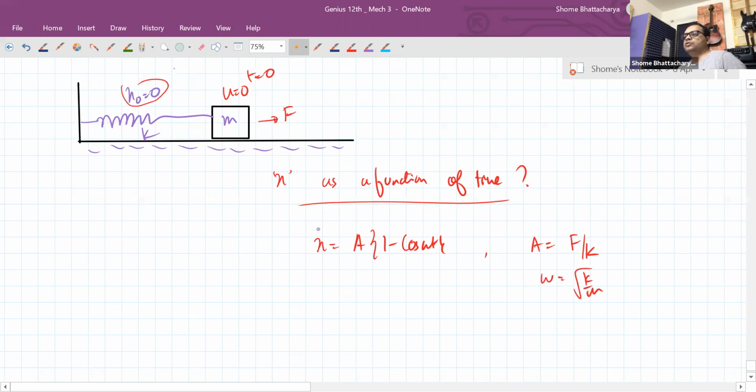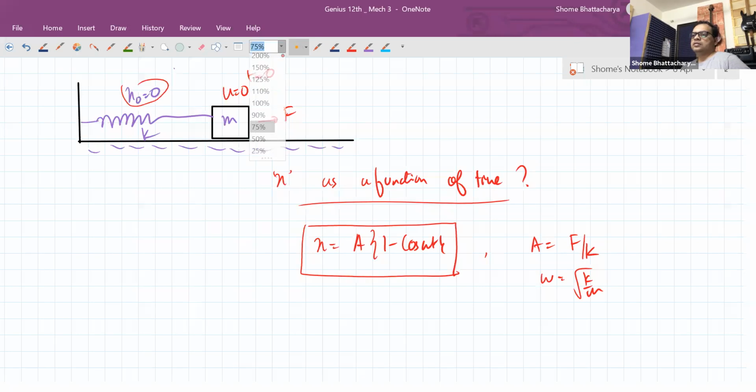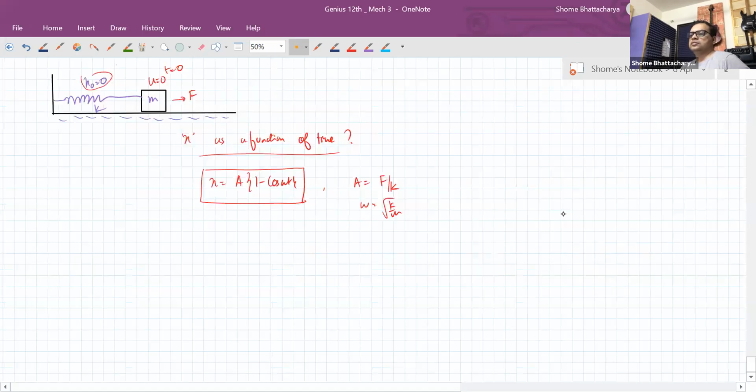Is this obvious to all of you, or does it take some time to analyze this? Okay. This is obvious, no? It should be obvious. Here the block never comes back to negative side of x.